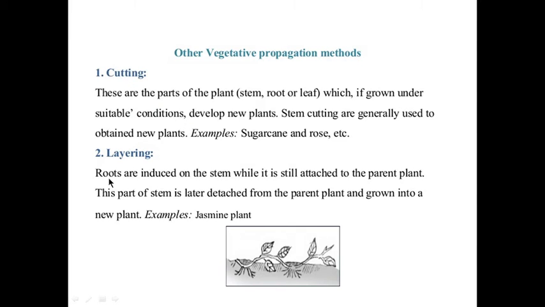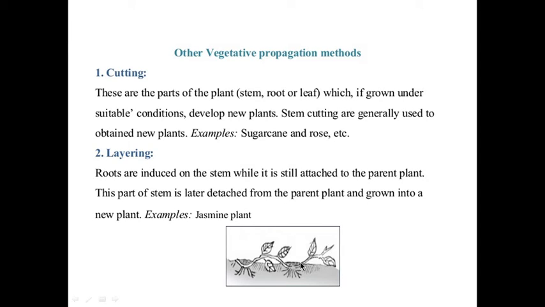Next one is layering. In layering, roots are induced on the stem while it is still attached to the parent plant. That stem is attached to the parent plant only, and roots are induced on it, and after some time when the roots are well developed, the part of the stem is detached from the parent plant.